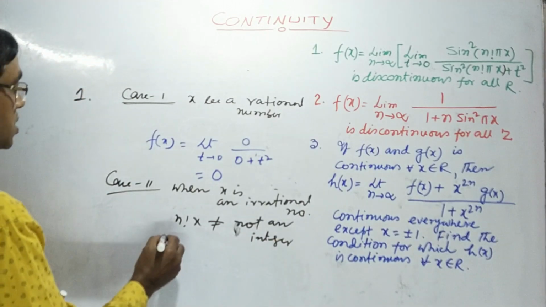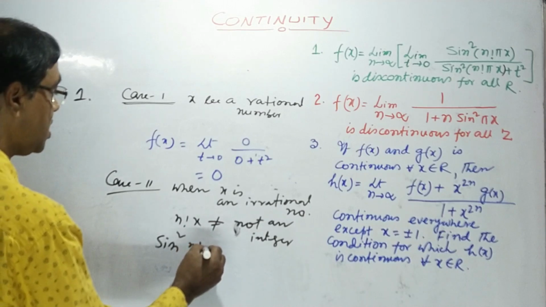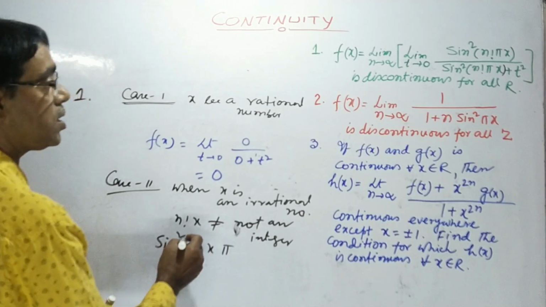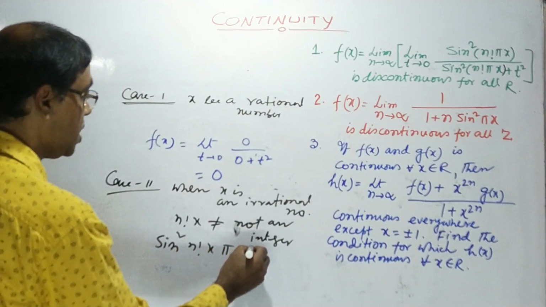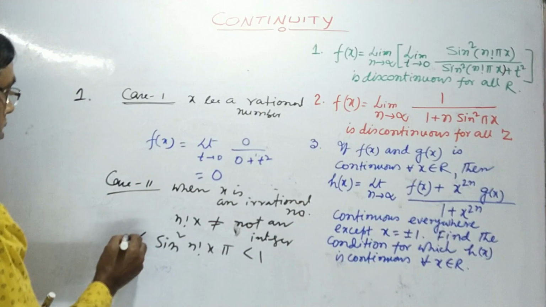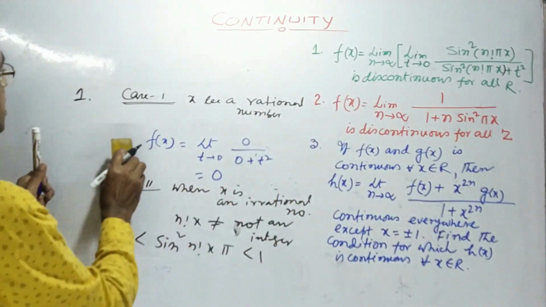So sin square (n factorial x pi) must be positive, so it must be greater than 0 and less than 1.